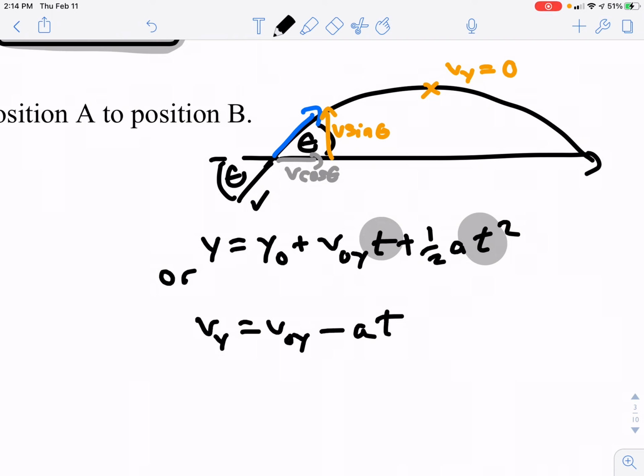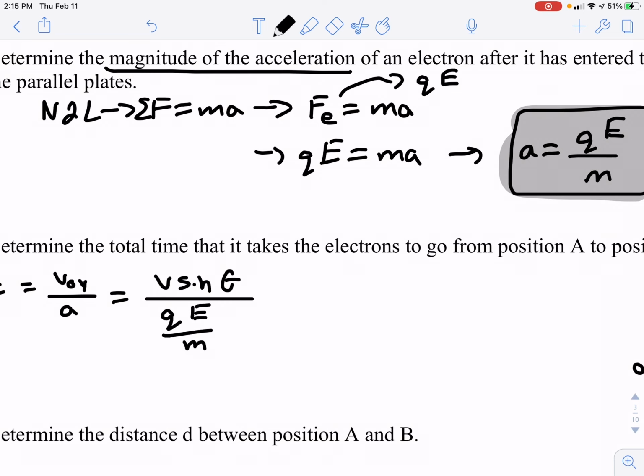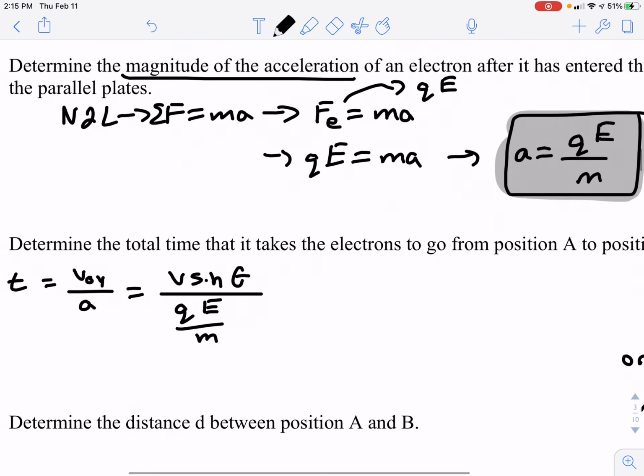Now, v naught y is v times the sine of theta, and a, we just found, was qE over the mass. Technically speaking, you'd be good enough to leave it like this, but you'd have to remember to multiply it by 2 because it's twice that time.